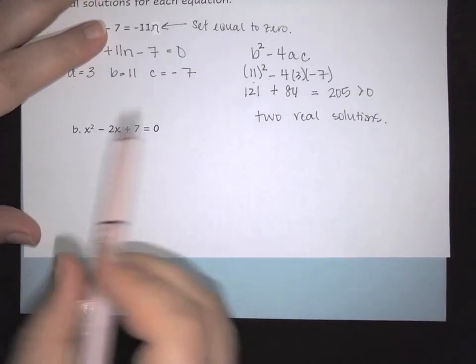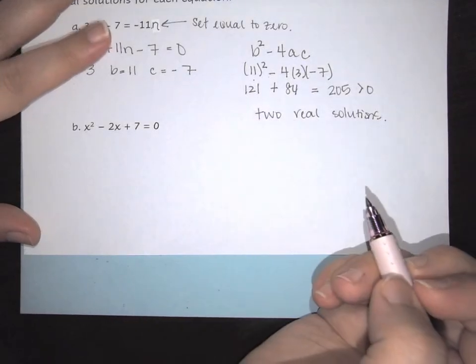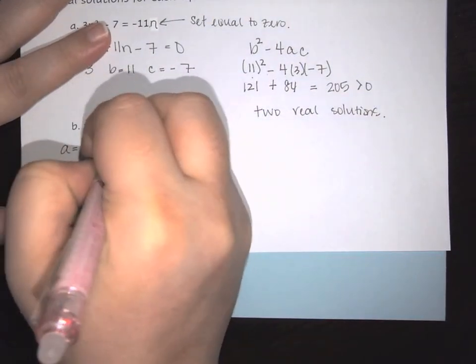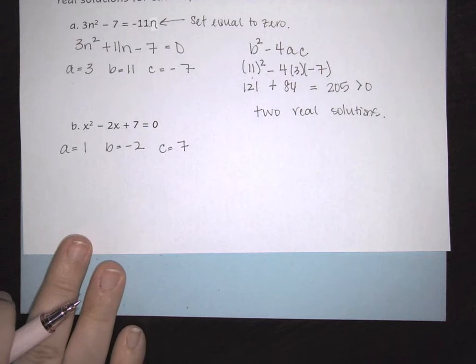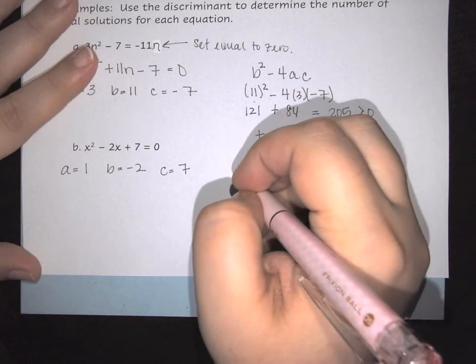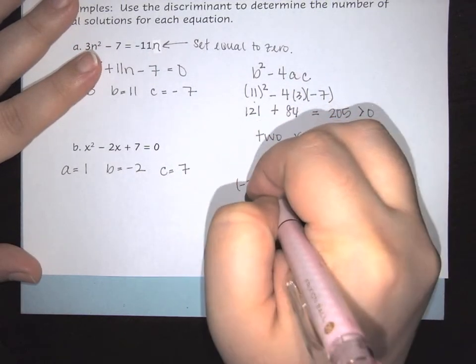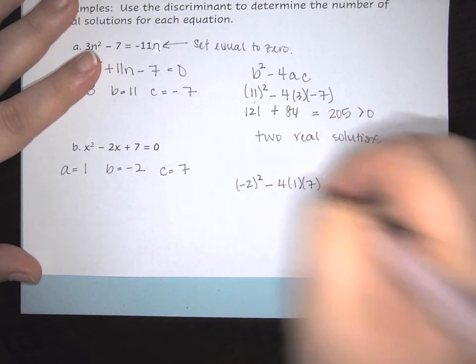Alright, let's look at this next one. So here, this is already in my standard form. So I have that A is 1, B is negative 2, and C is 7. So again, just like before, we're going to plug it into your discriminant. So here we would have negative 2 squared minus 4 times 1 times 7.